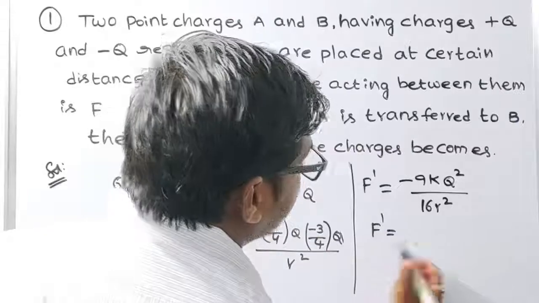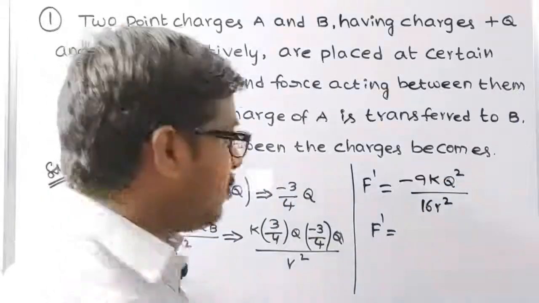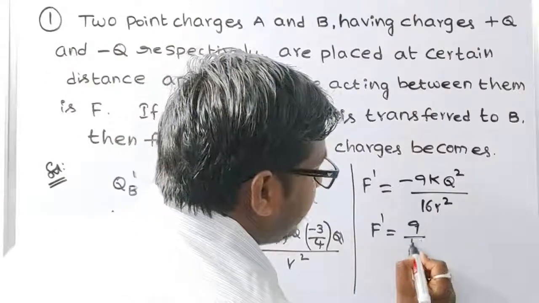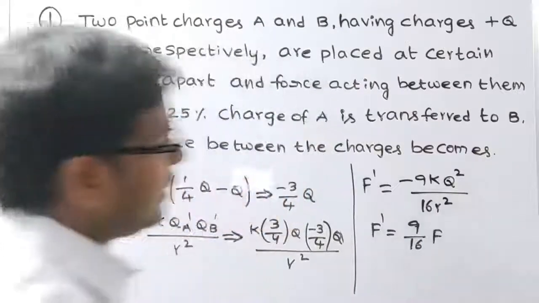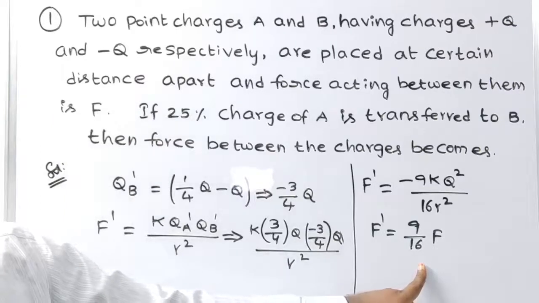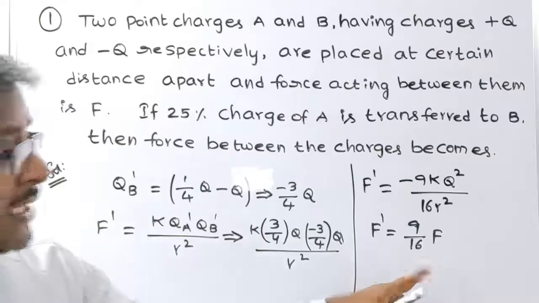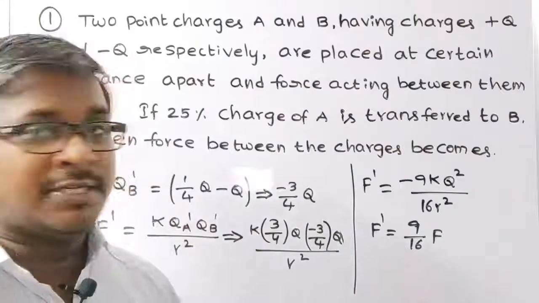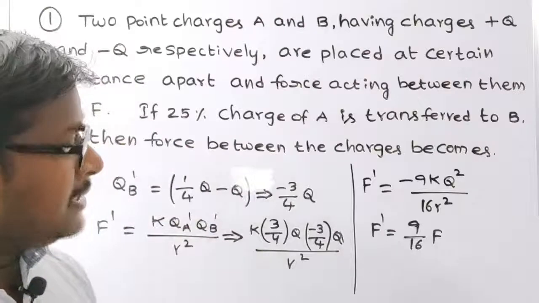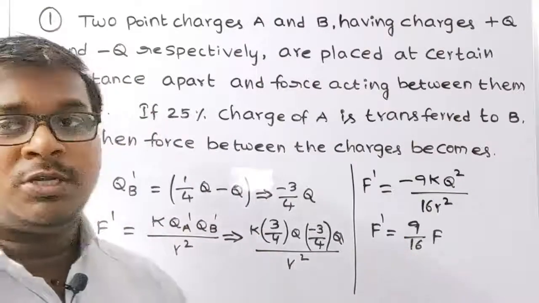F dash is equal to K Q square by R square, that is the force F, so F dash is equal to 9 by 16 F. Thus the new force between the two charges is 9 by 16 times the initial force between the charges.